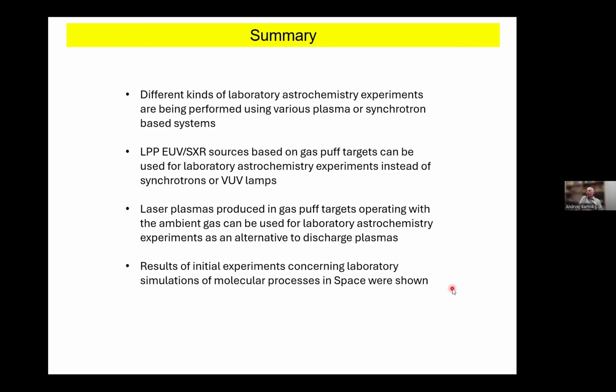And laser plasmas produced in gas puff targets operating with the ambient gas can also be used for laboratory astrochemistry experiments as an alternative to discharge plasmas.